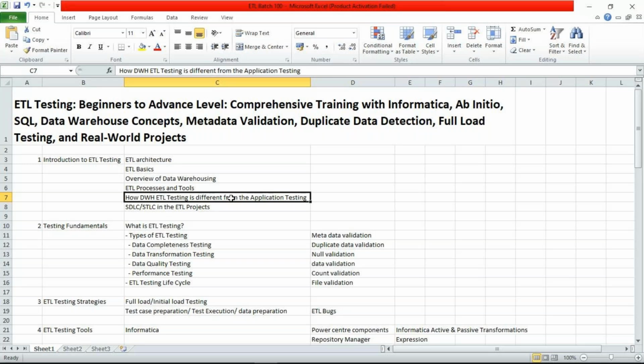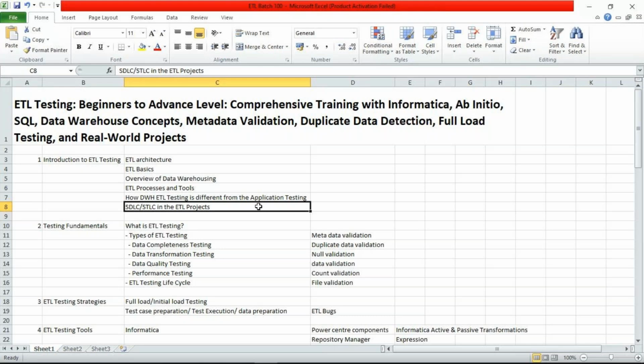And what is SDLC and STLC in an ETL project? SDLC is the software development lifecycle, and STLC is the software testing lifecycle. What is the software development lifecycle and software testing lifecycle in manual testing or software testing, and how is it different in ETL testing?